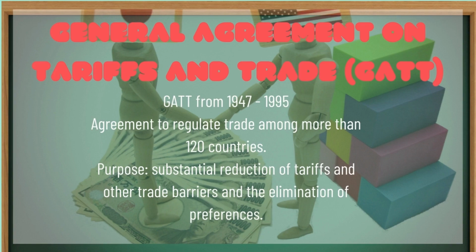GATT, which existed from 1947 to 1995, was an agreement to regulate trade among more than 120 countries, and the purpose was substantial reduction of tariffs and other trade barriers, and the elimination of preferences.